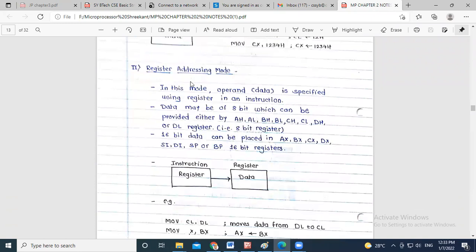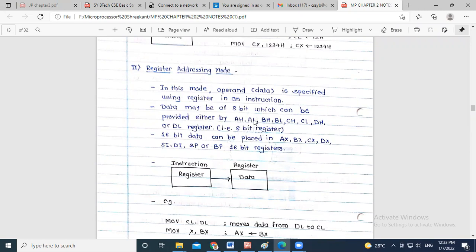Next, the second category of data related addressing modes: register addressing mode. In the register addressing mode, you have to use one register to transfer the data. So the operand or the data is specified using the register only in the instruction.